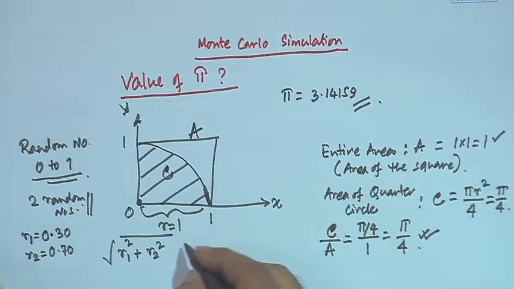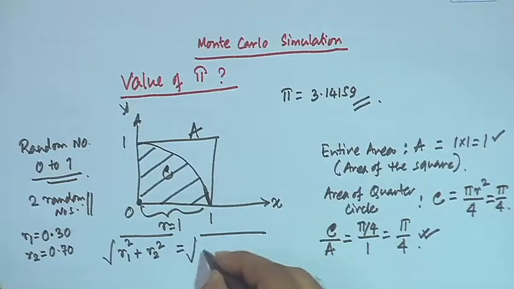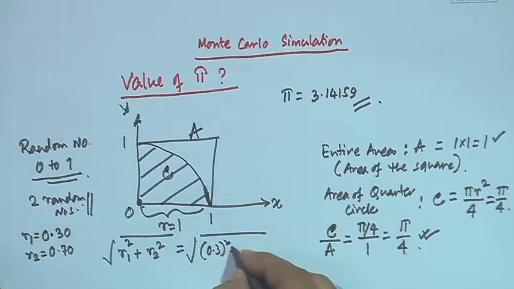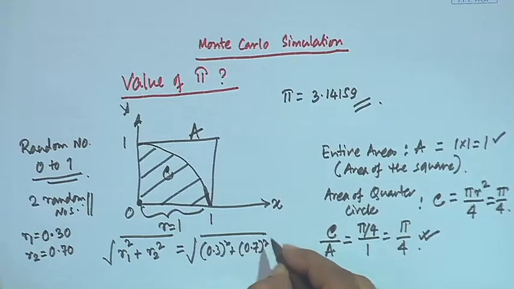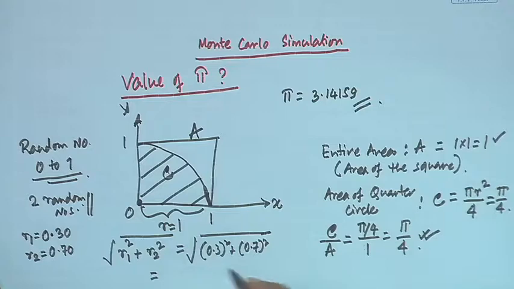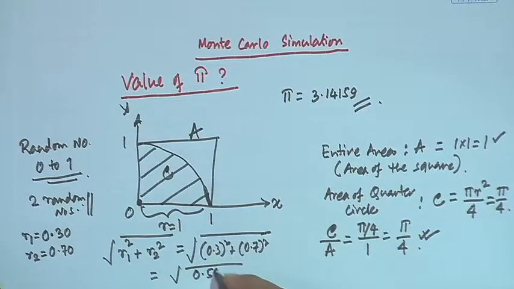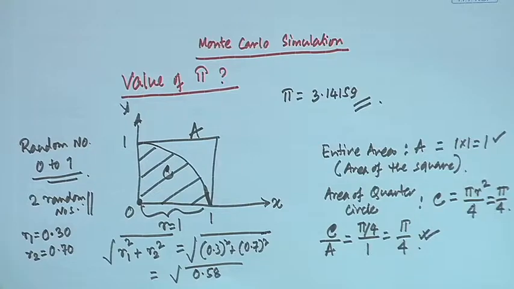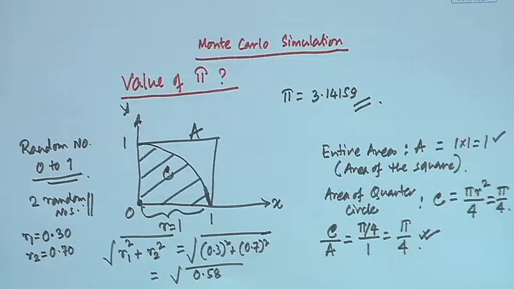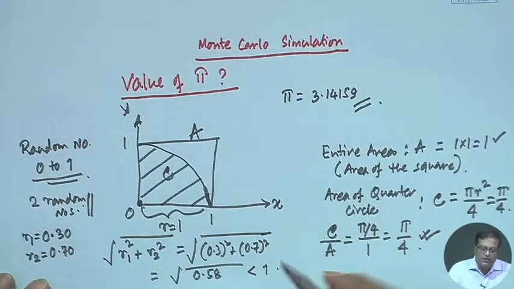You see, this value will now become 0.3 whole square plus 0.7 whole square. How much is that? Equal to 0.09 plus 0.49, so 0.58. Now, root over 0.58: is it greater than 1 or less than 1? Very simple, it is less than 1. If it is less than 1, then where will it fall?